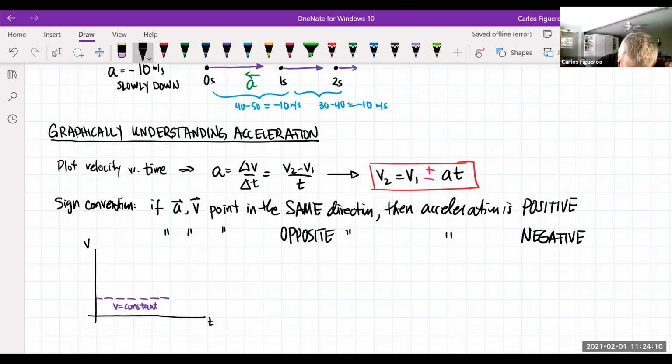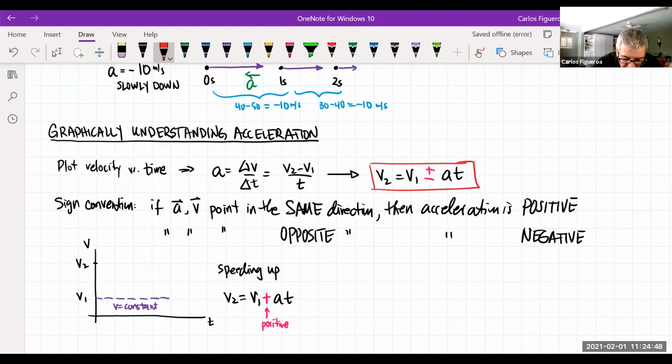However, if I'm speeding up here, then I know that I have this term here, and now I have a positive sign here. So what does that mean? If I start off at some velocity, V1, and I go to a higher velocity, V2, over some time interval, then that means when I move from here to there, right?